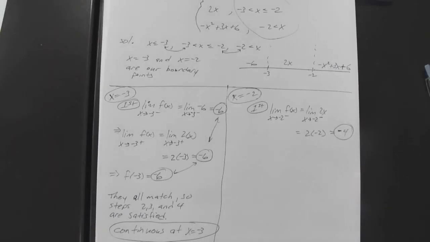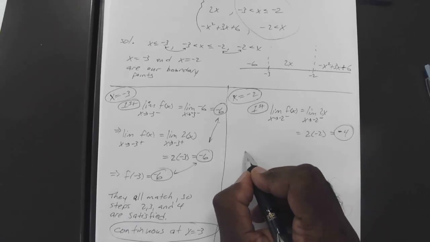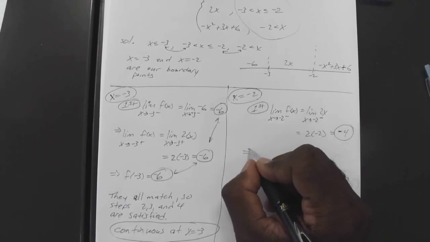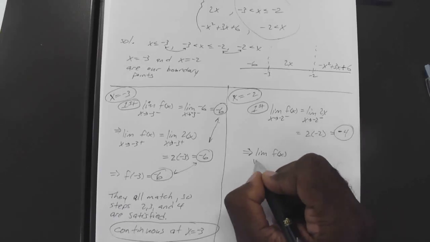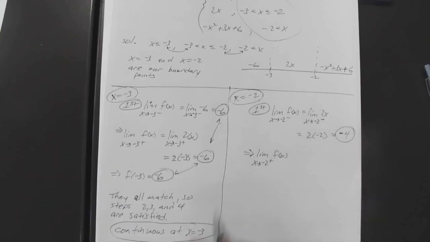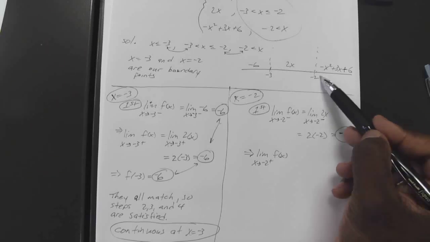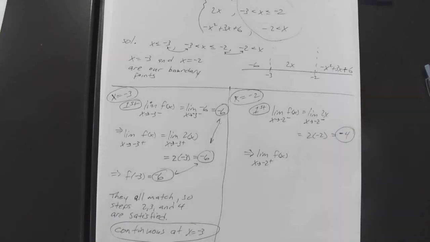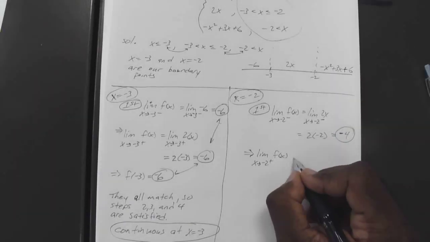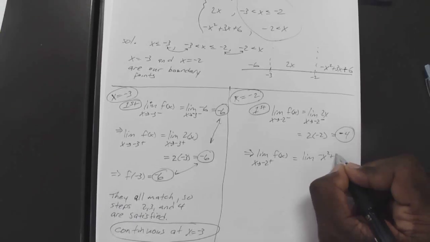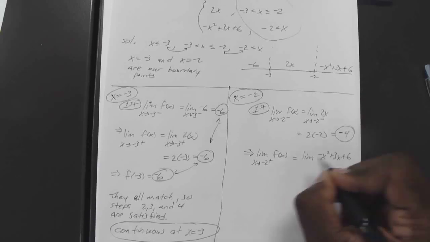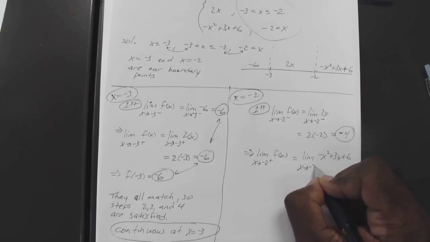Okay, so now you're approaching from the right. The limit of f of x as x approaches -2 from the right. When you approach -2 from the right, that's your f of x. So that's going to be the limit of -x squared plus 3x plus 6 as x approaches -2 from the right.